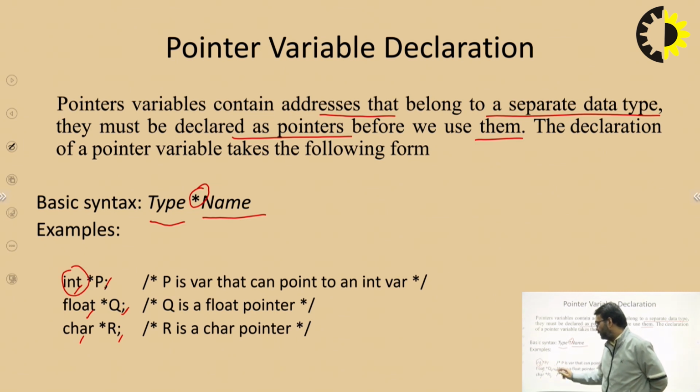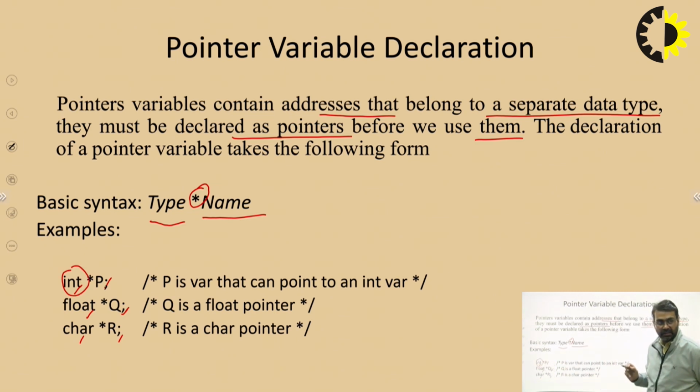Again, the pointer Q contains the address of some variable, and the value of that variable will be float. Again, R contains the address of a character type variable. So this is the basic declaration. First we write the data type name, then the asterisk, and after that the pointer name. So this is the declaration.